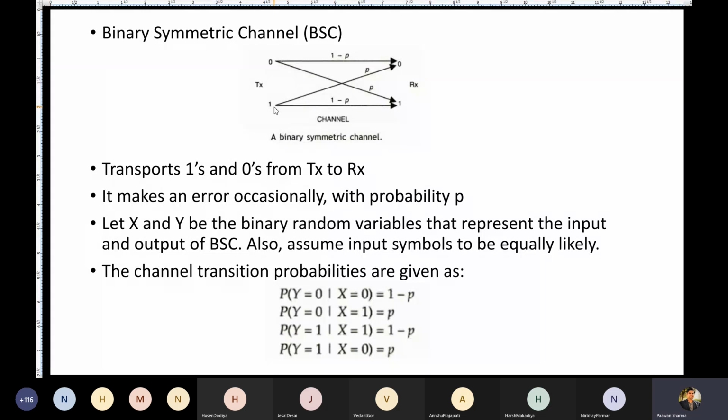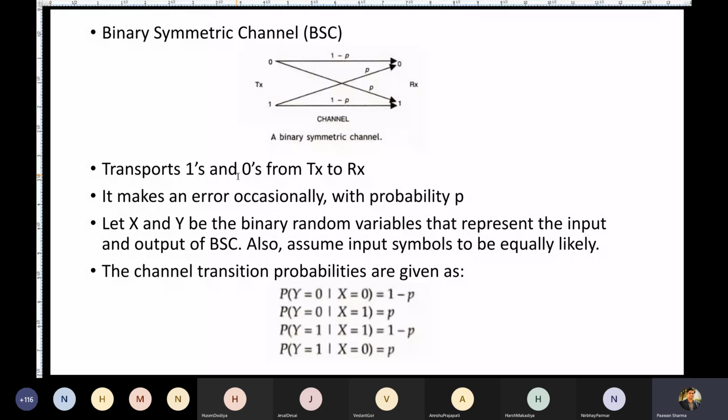But if it is depicted correctly at the receiver, it is 1 minus P. 1 is total probability, error is P. So how much is the correct reception probability? 1 minus P. So this is a simple model for binary symmetric channel.